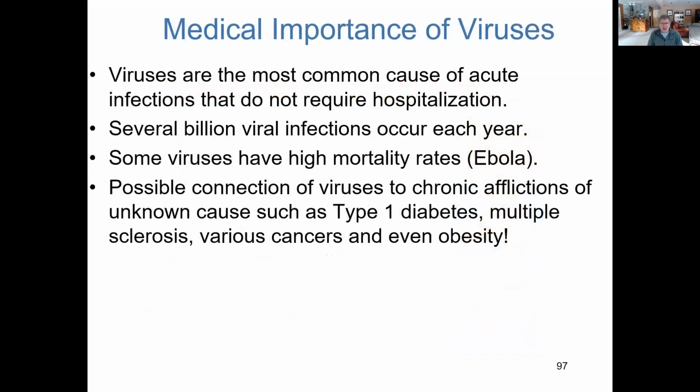We certainly know that all of us have come down with viral infections in our lives. We've all had the flu at some point in time, for example. And so every year, lots and lots of people throughout the world suffer the ill effects of viral infection. Some people die as a result of viral infection. We have seen 500,000 plus people die in the US from the COVID virus.